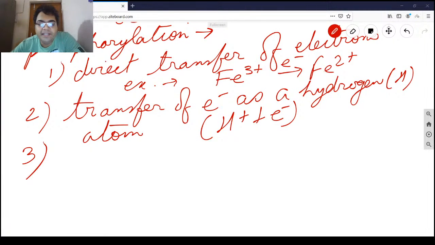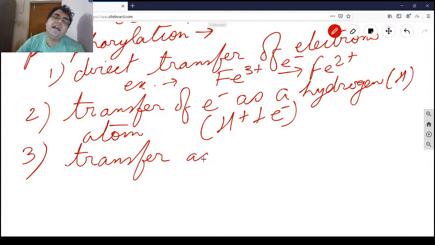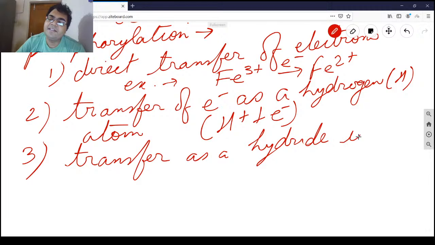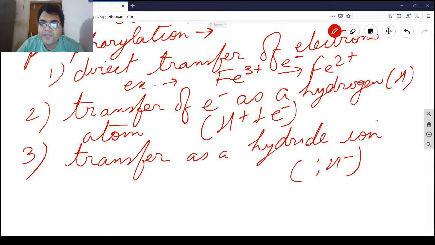Then number three, transfer as a hydride ion which bears two electrons. That one we saw in the case of NADH, right? Transfer as a hydride ion, the H- ion, which bears two electrons.